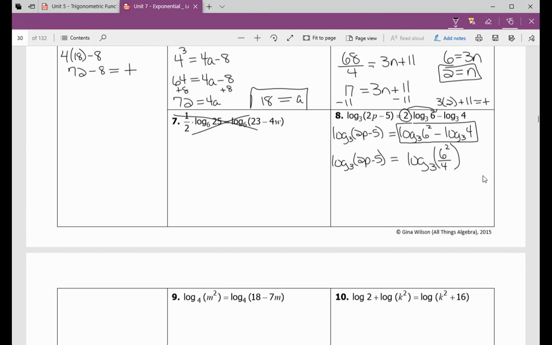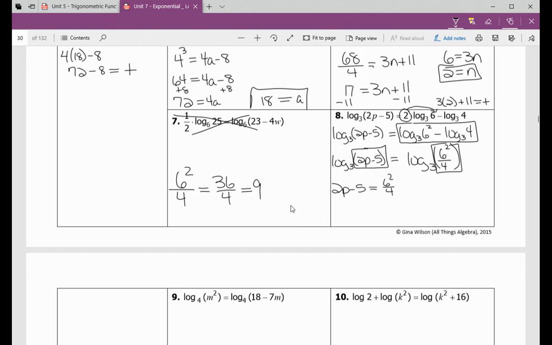So I have created the ideal situation. Log equals log. So I'm going to take the numbers and set them equal. So 2p minus 5 equals 6 squared over 4. 6 squared over 4 is equivalent to 36 over 4, and that reduces to 9.